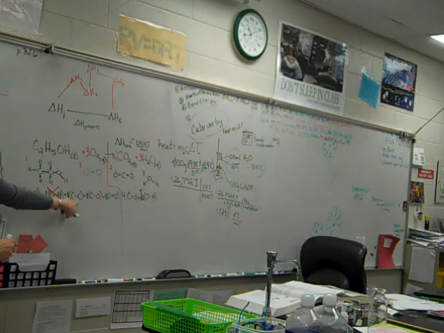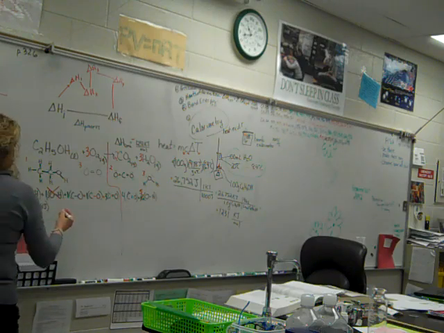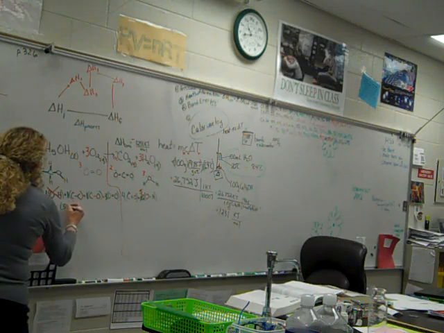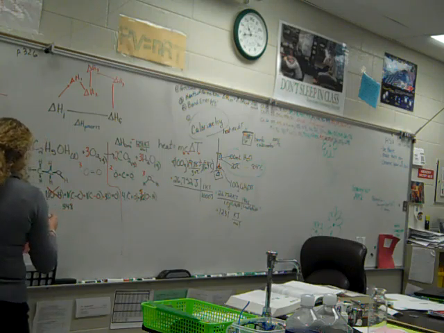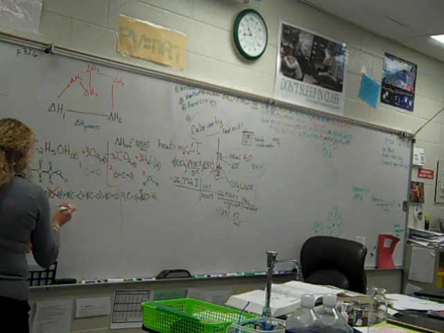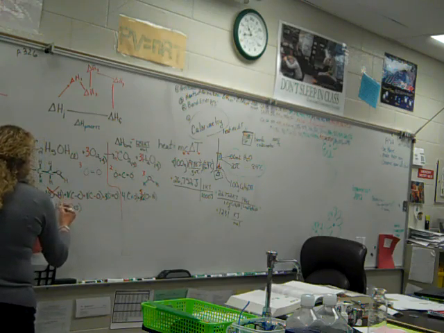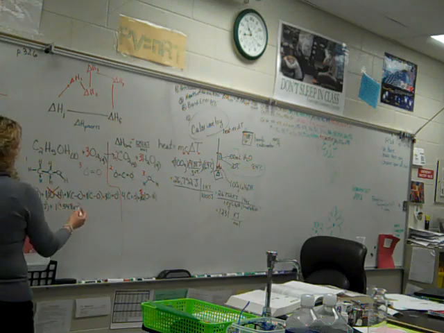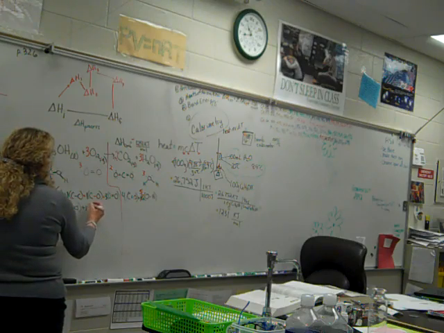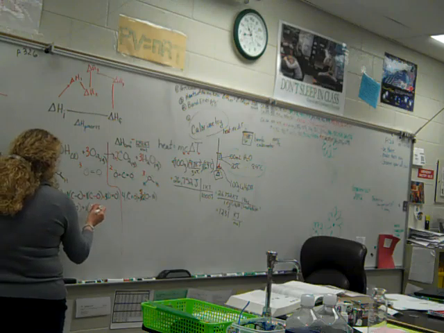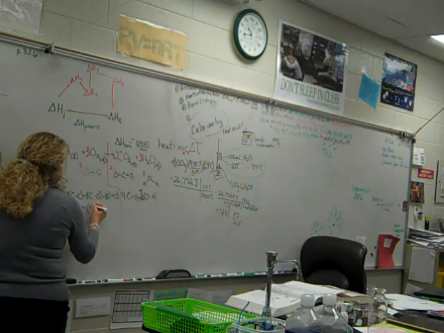What is the value for a CC? 348. We're going to give it a plus sign. Yes, it's in kilojoules, and we only have one of those. Okay? What's a CO? 358. We're going to give it a plus.